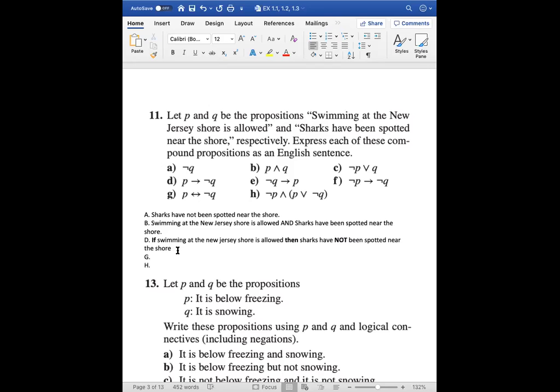But based on the proposition given to us, here we have this P. So I just take the P part, swimming at the New Jersey shore is allowed, put the word if in front of it, and replace this sign with then. The order usually tells you how to put your English sentence together, even if it makes sense or not. But usually it will make sense because they will be given to you in such an order. Okay. Thank you.